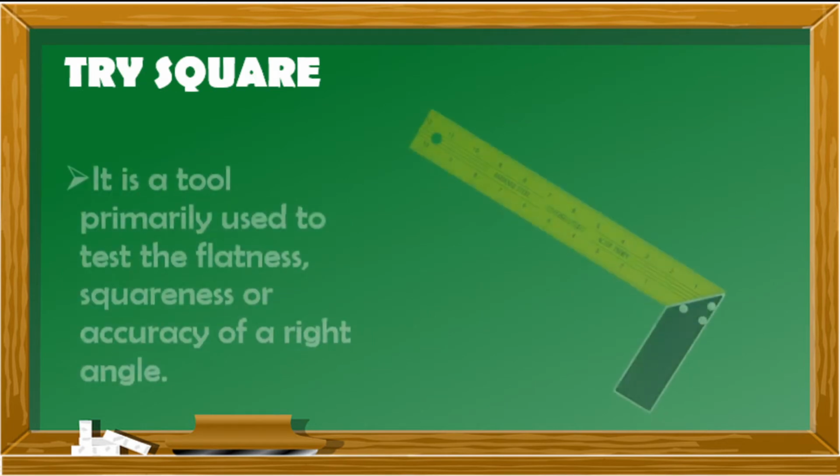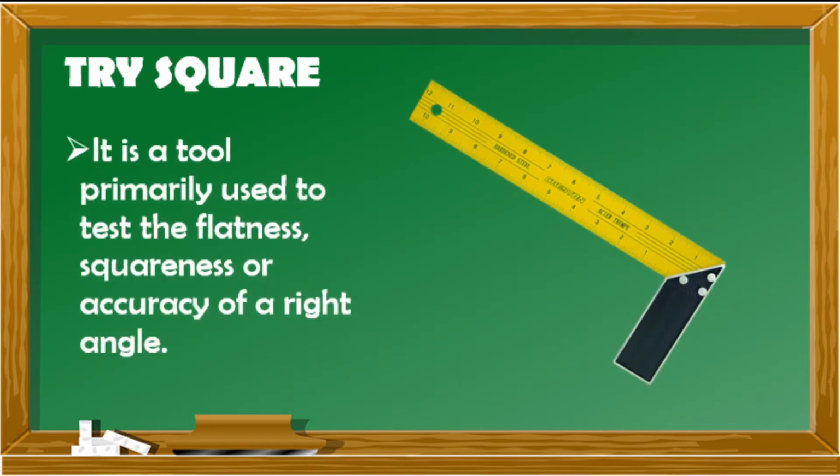So tri-square. This is a tool primarily used to test the flatness, squareness, or the accuracy of the right angle of the object. So, right angle kasi may makikita natin yung shape ng tri-square natin, form siya ng right angle or 90 degrees.